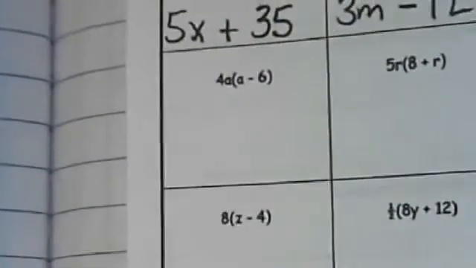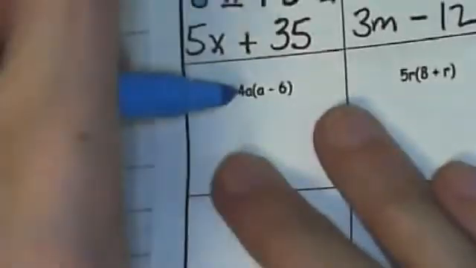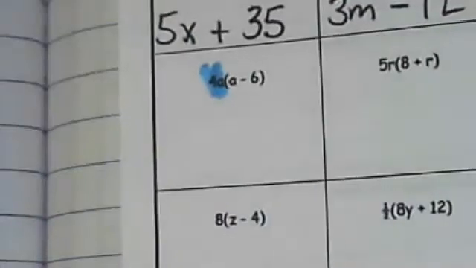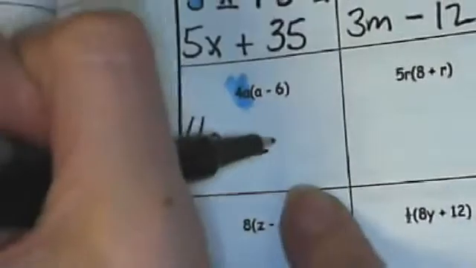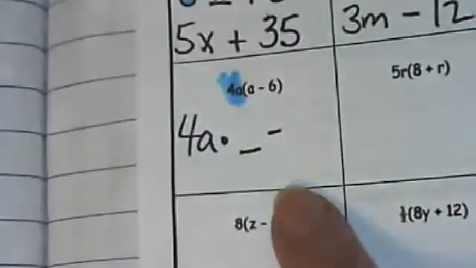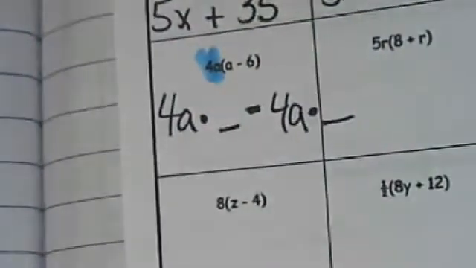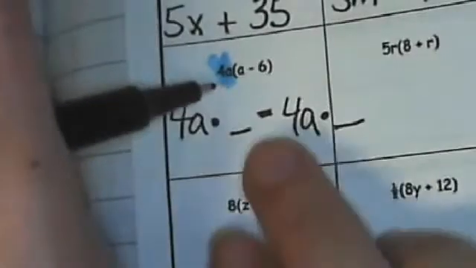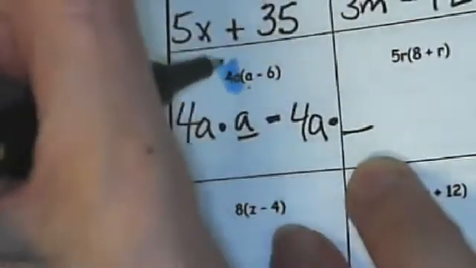And then over here, we have 4a on the outside. So I'm going to do 4a times whatever is inside the parentheses, minus, and then 4a again times the other term. So 4a times a, and then 4a times 6.